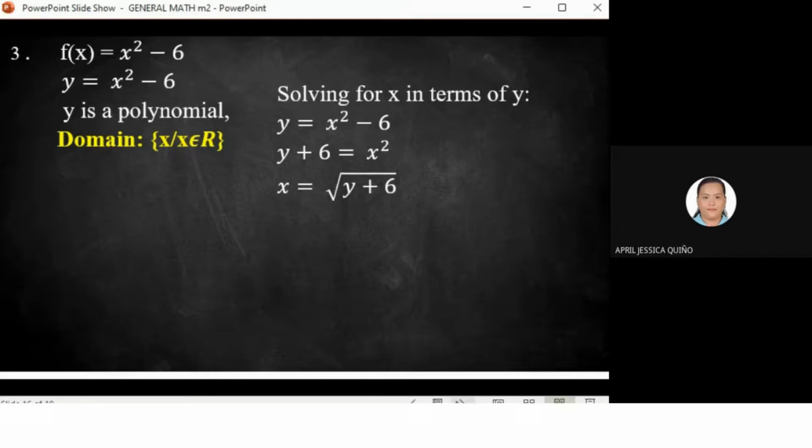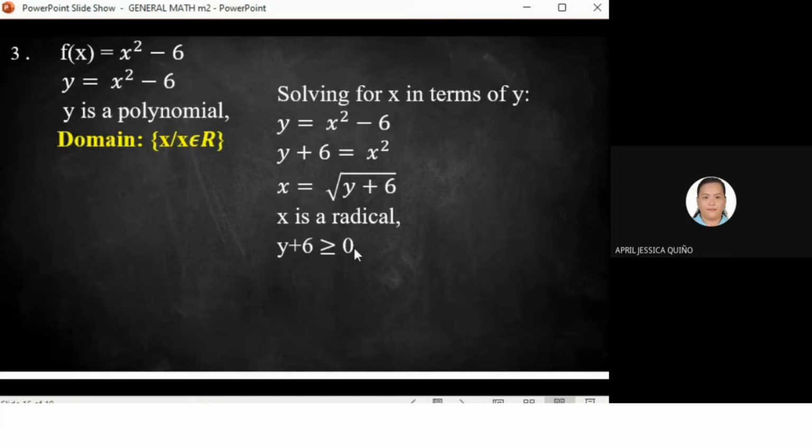Next, we can already tell that our x is a radical function. Therefore, y plus 6 is greater than or equal to 0. In the rule of inequality, if you need to get the value of y, you just need to transpose the 6 to the other side.